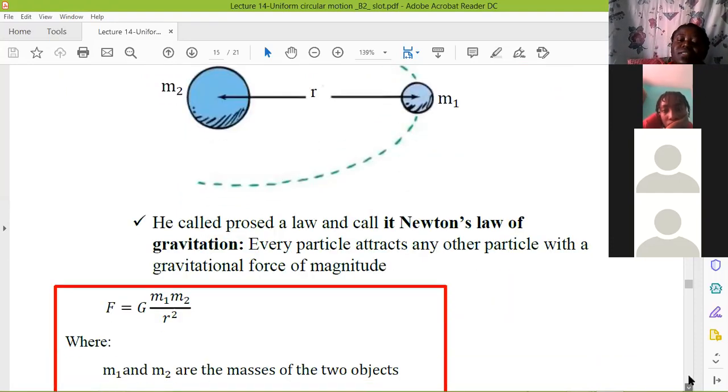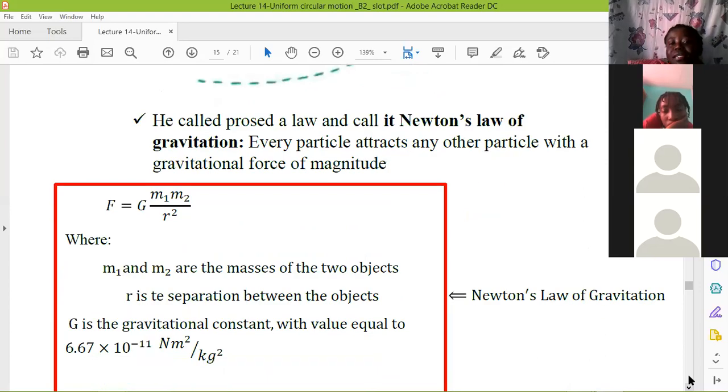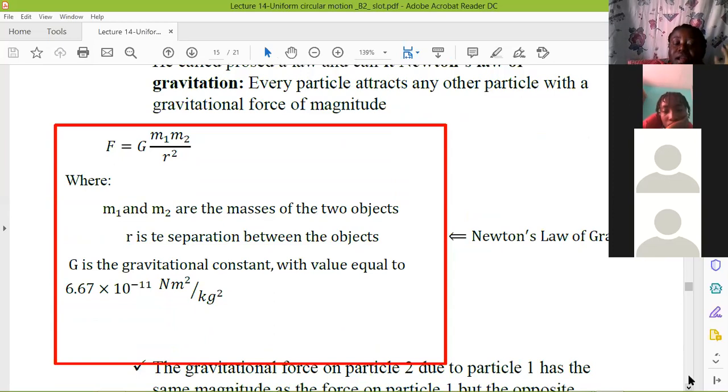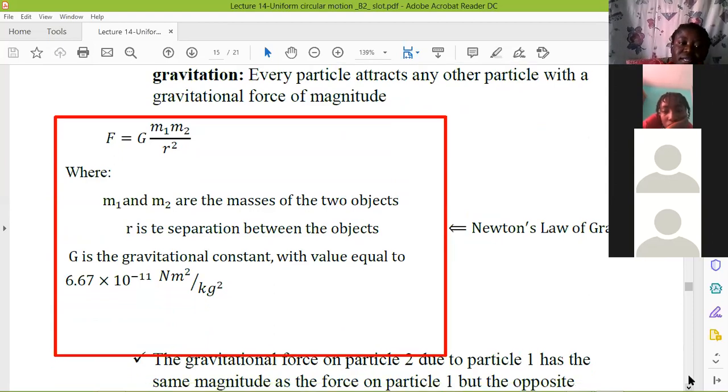Sir Isaac Newton called that the law of universal gravitation, and this is what he defined.